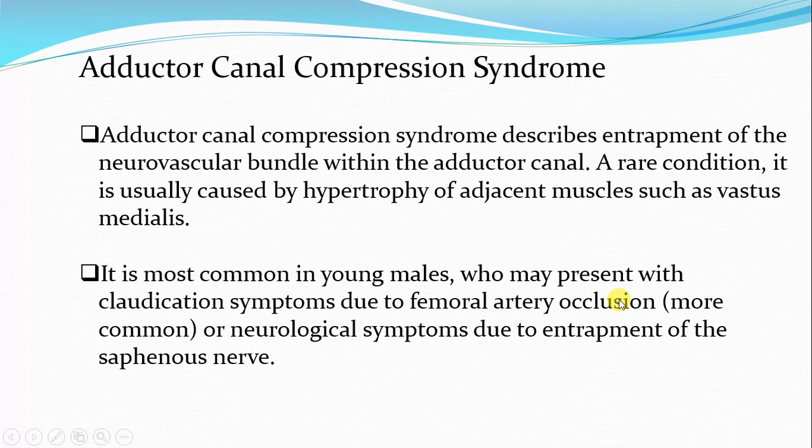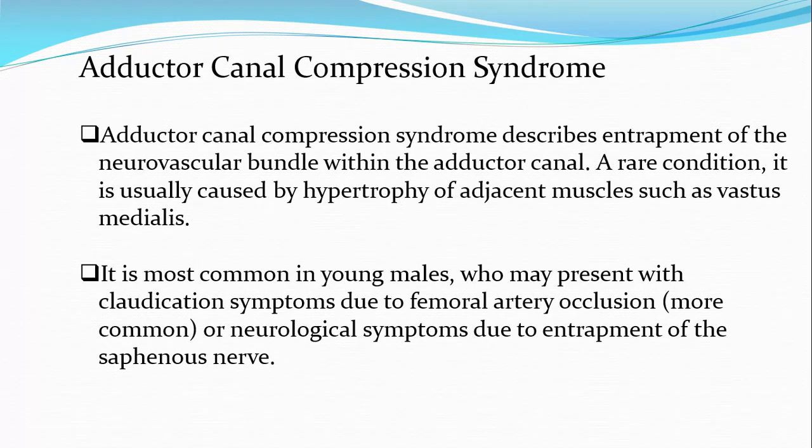Claudication means that when you are walking, after covering a certain distance, you tend to develop pain in your calf muscles, and that stops you from walking. That's called claudication symptoms. And the distance which you can cover without having pain, the point after which you develop pain in the calf muscle, that distance is called the claudication distance.